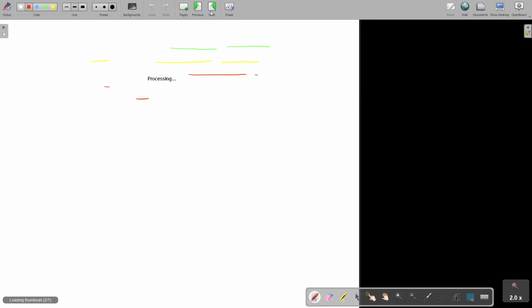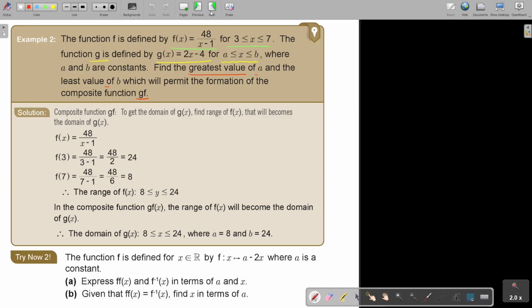But now, if they leave it open, please remember, do these questions like this. For the composite function gf, to get the domain of g(x), find the range of f(x).